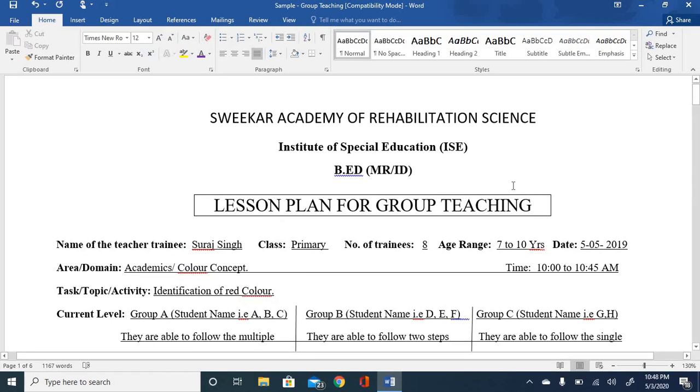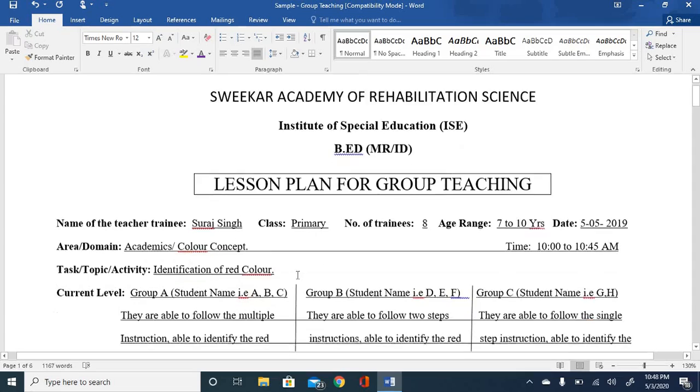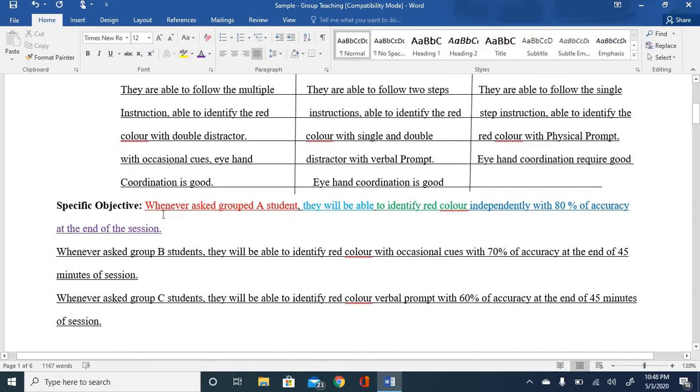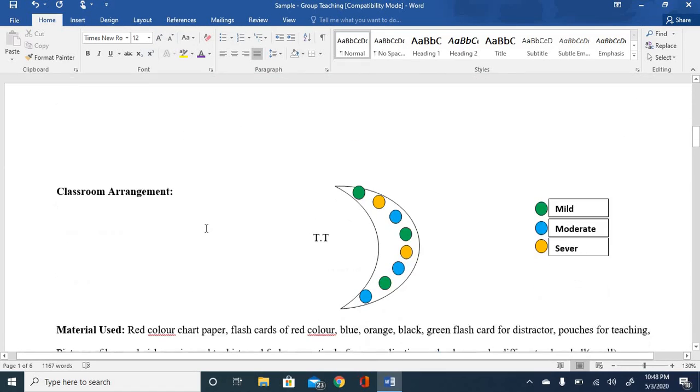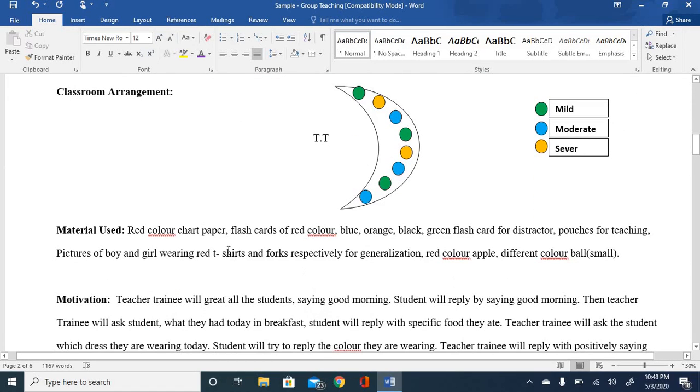I will share with you some ICT based material, how to prepare an ICT based lesson plan. I will share shortly. In that way also you can teach, and whenever you teach based on CAI, you will be mentioning here in the material that it will be ICT based teaching.